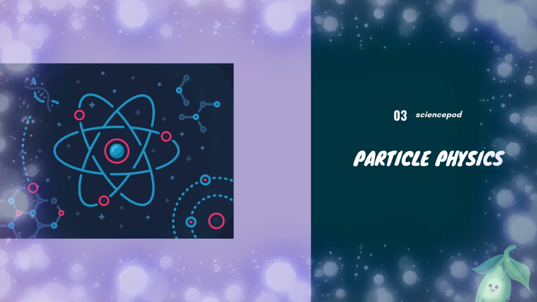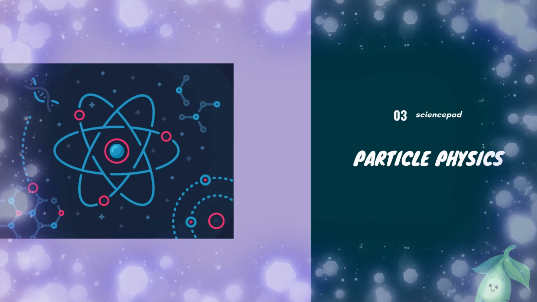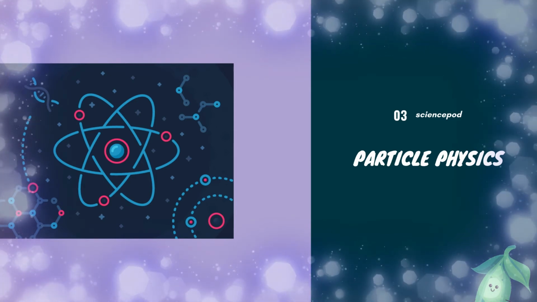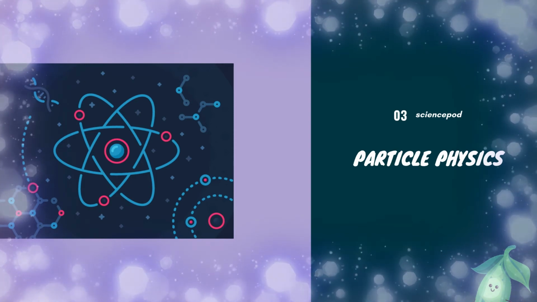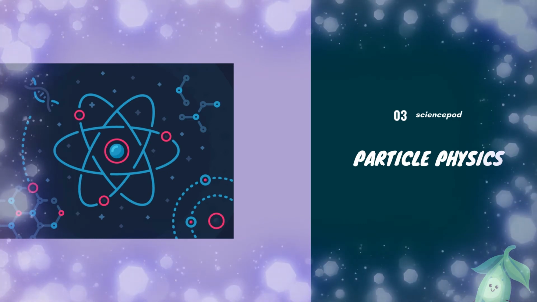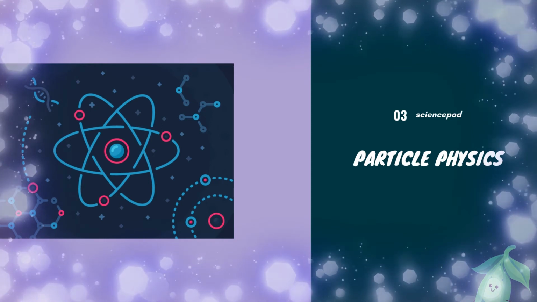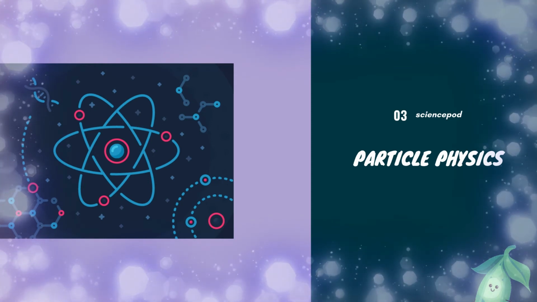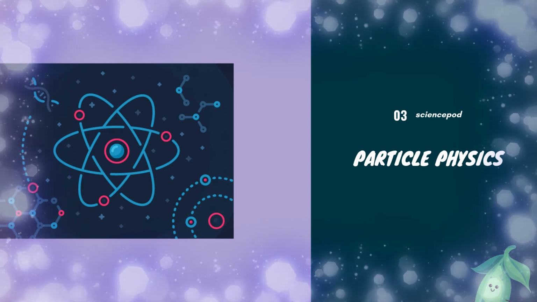Properties of alpha, beta, and gamma. The typical speed of alpha is a tenth of the speed of light. It has a charge of 2, mass 4, and its penetrating power is a few centimeters of air. Beta is almost the speed of light, with negative charge 1, a mass of 1/1,840 u, and it can only penetrate 3 millimeters of aluminum.